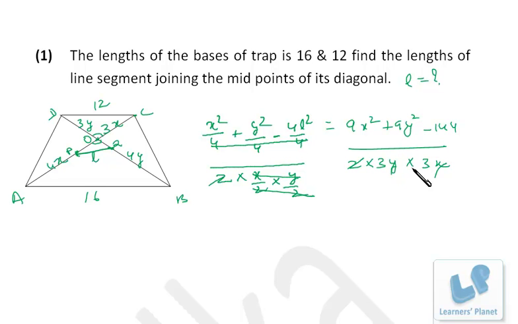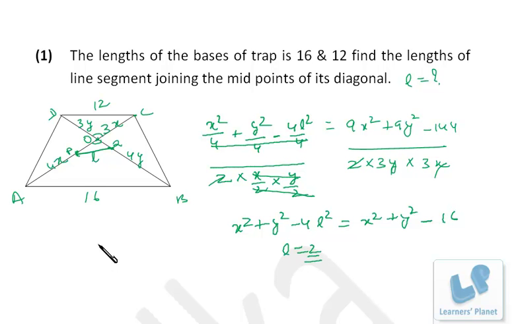Then 3 3s are 9. Here I am getting x square plus y square minus 4L square is equal to, if I divide this entire expression by 9, I'll be getting x square plus y square minus 144 by 9, that's 16, right? So 4L square is 16, that means L square is 4, that means L is equal to 2, right?